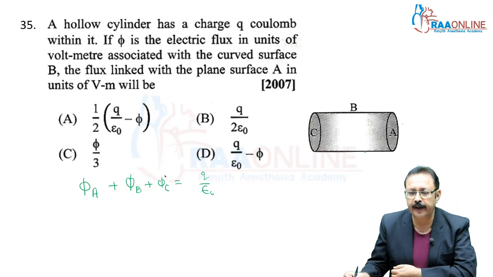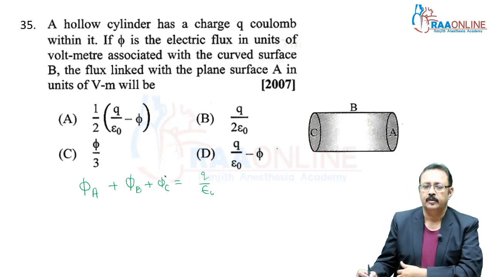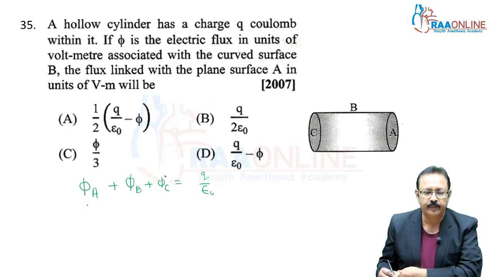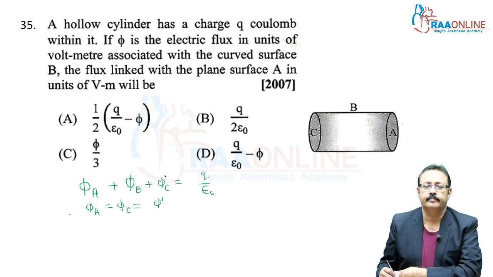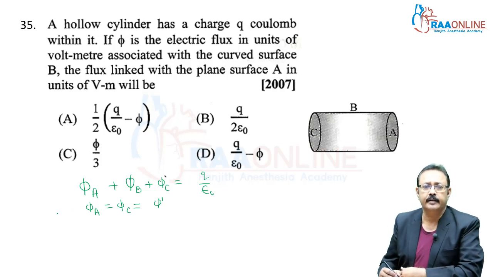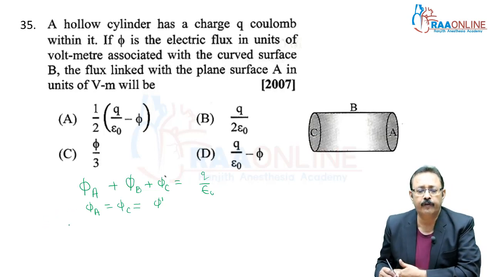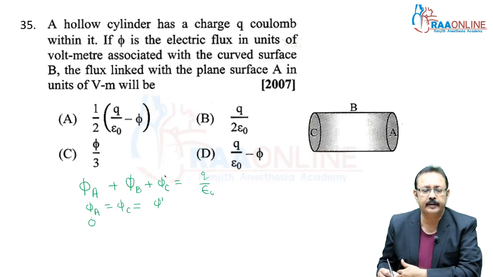Since the area of A and C is the same, the flux related to A and C should be the same. Phi A is equal to phi C. Suppose I call this phi dash, and the flux associated with the curved surface, phi B, is phi.